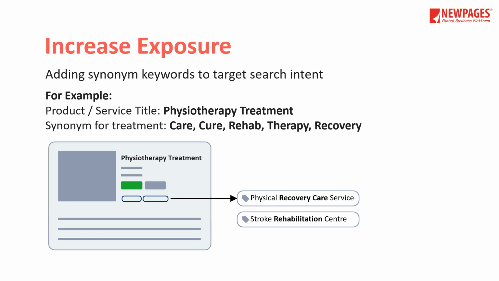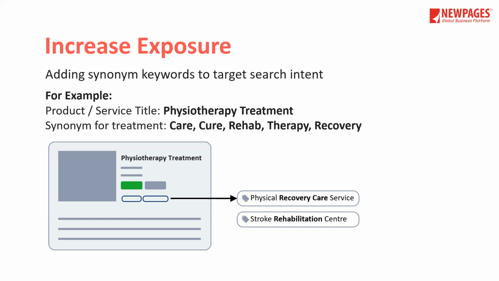Or perhaps, since physiotherapy is more related to stroke, something like stroke rehabilitation center. These are keywords that can help make your whole page richer in keywords, so that you can target different search intent.